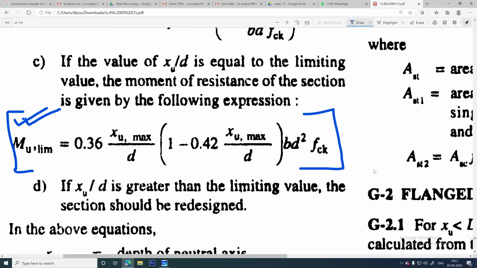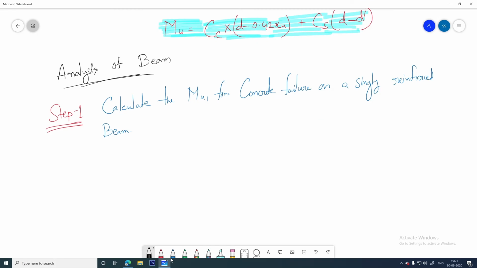Okay, and one more thing you can use, that is the shortcut process. I have told you how to get the formula. That is, suppose you write this Mu1 equals 0.149 fck bd square. This is for Fe250. Equals 0.138 fck bd square.